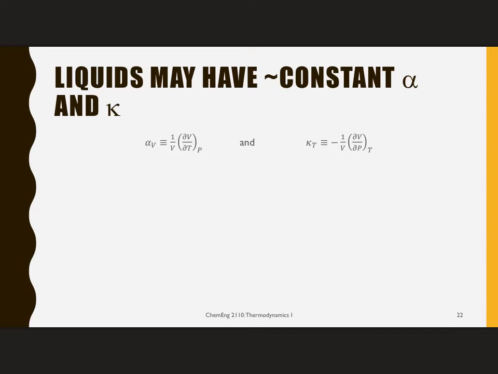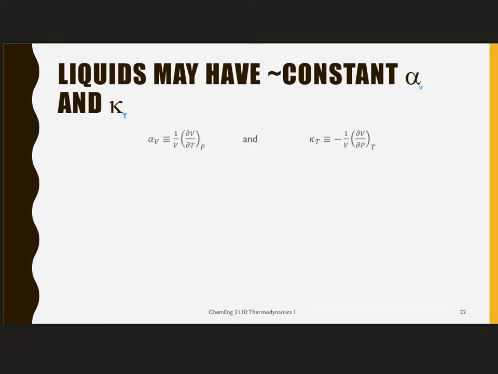Liquids are an excellent opportunity to use alpha sub V and kappa sub T because these are typically very close to constant for liquids. That means the path doesn't matter, and I can write these in terms of ordinary derivatives. So alpha sub V is 1 over V dV/dT. I can separate the variables: alpha sub V dT is equal to dV over V, and I can integrate both sides.